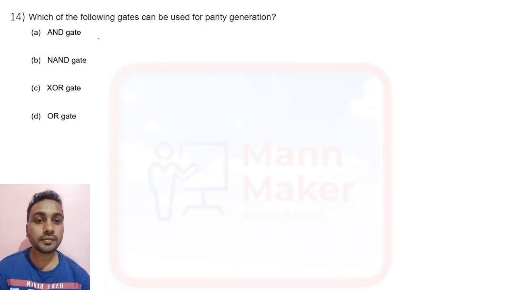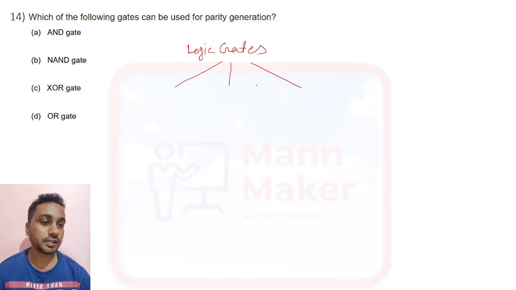Okay. Which of the following gates can be used as a parity generator? Okay. So if we talk about logic gates, we have three types of logic gates. What are the three types of logic gates? I know you will say AND, OR, NOT.